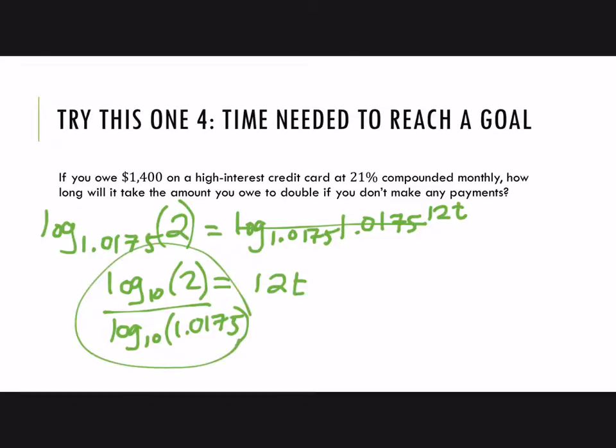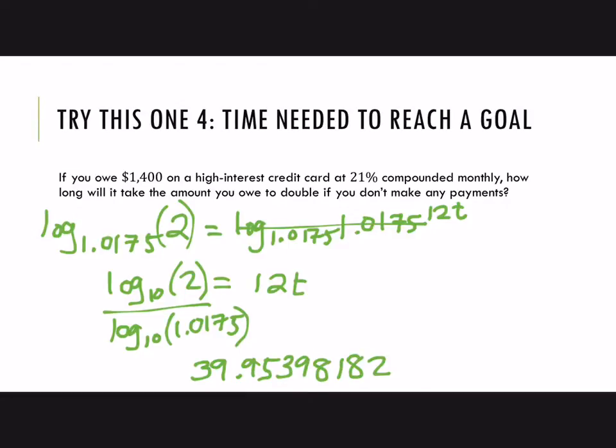So this whole thing on the left gives 39.95398182. That's a rounded value. That equals 12t. So then the last step is to divide by 12, and I'm getting 3.329498, etc. So this is time.